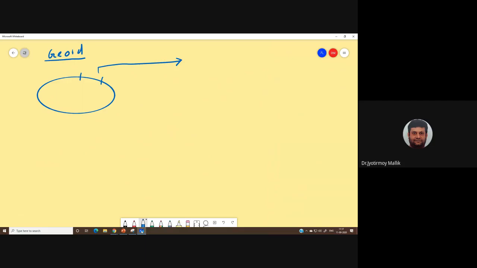So let us say this is my international reference ellipsoid.